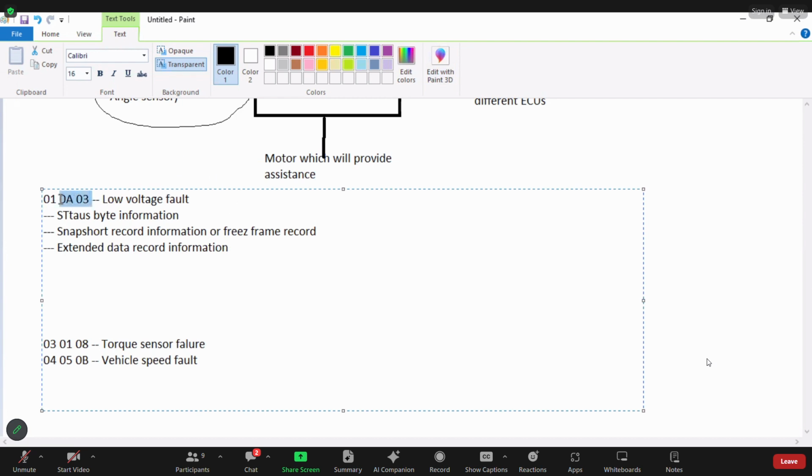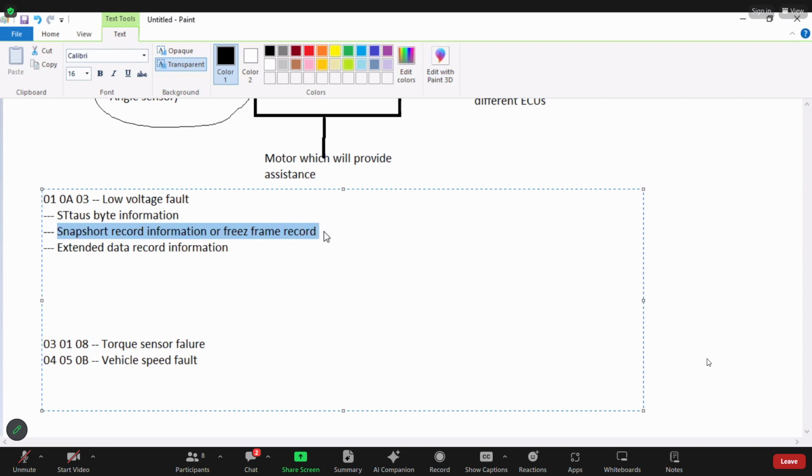Along with this DTC number, the status byte information: what is the status of this DTC? This status byte we will see in detail, don't worry. About this DTC, what is the current status? That will be stored, along with snapshot record information or freeze frame record information.